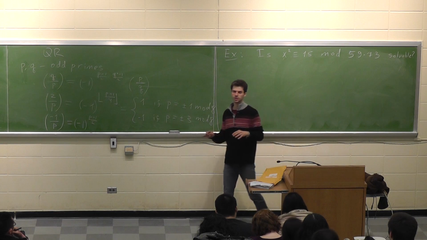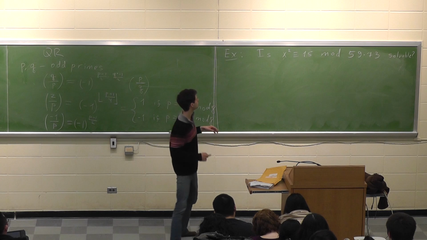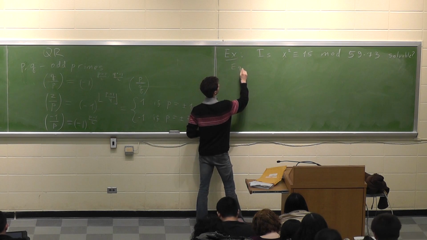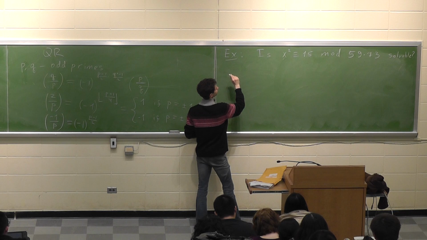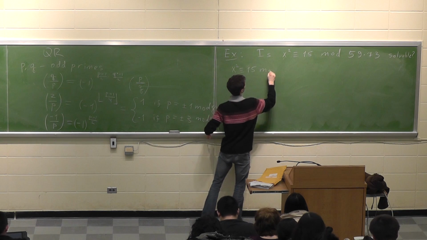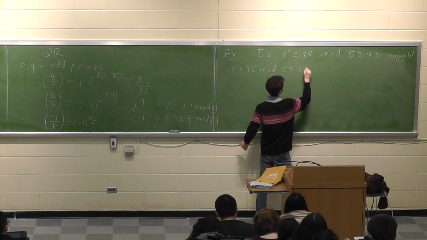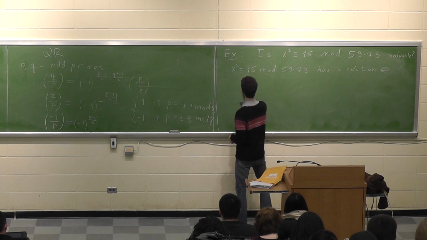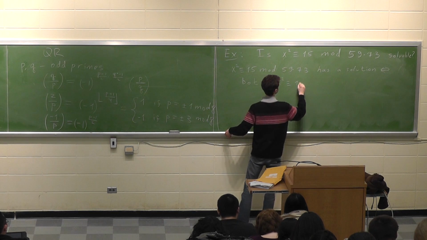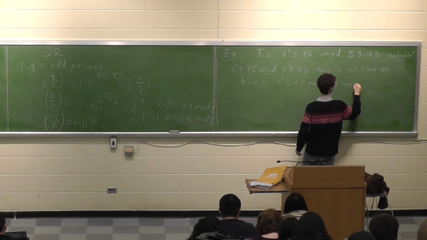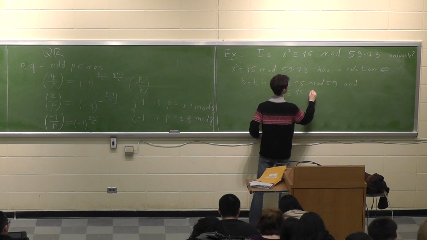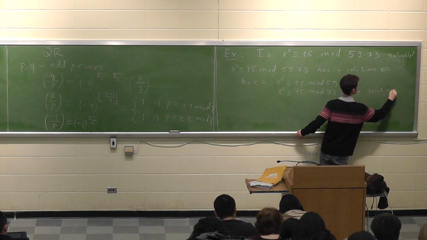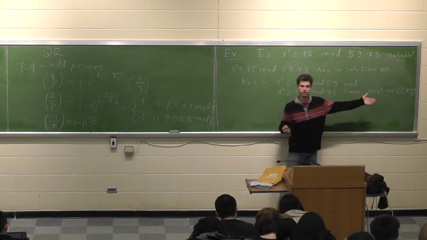If you have a solution modulo each one of the primes, using the Chinese remainder theorem, we can combine them and get the solution modulo 59 times 73. So x squared is equal to 15 modulo 59 times 73 has a solution if and only if both x squared is equal to 15 modulo 59 and x squared is equal to 15 modulo 73 have solutions. And that's the Chinese remainder theorem.